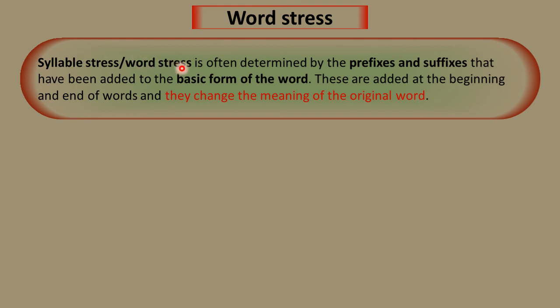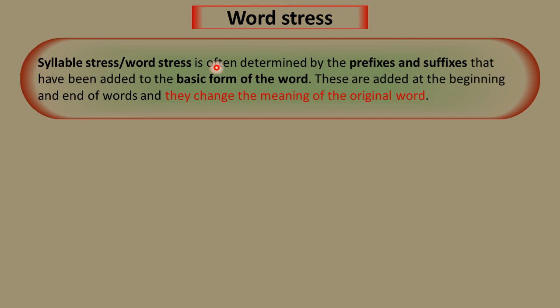Syllable stress or word stress is often determined by the prefixes and suffixes. These prefixes and suffixes are added to the basic form of the word, at the beginning and end of the word, and they also change the meaning of the original word. Do you understand?